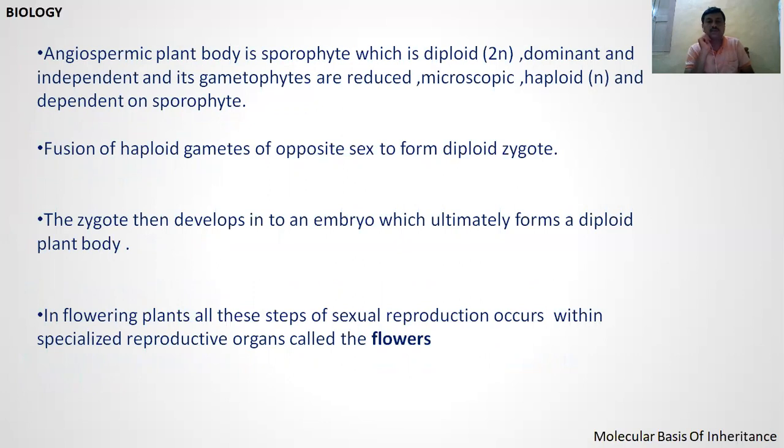The zygote develops into the embryo, which ultimately forms the diploid plant body. It gets converted into seeds, and the seeds produce new offspring. In flowering plants, all these steps of sexual reproduction occur within the specialized reproductive organ called the flower. These are the general characteristics of sexual reproduction.